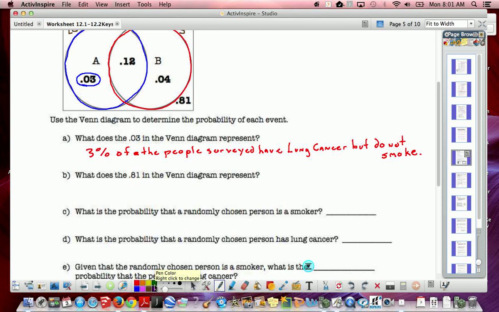All right, the next one says, what does the point 81 in the Venn diagram represent? Notice how the point 81 is outside our Venn diagram. So that represents 81% of the people surveyed.